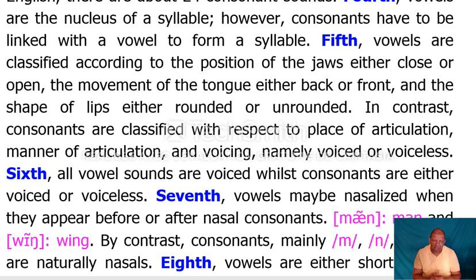Here we have two examples, man. The vowel here is in a medial position and it becomes nasalized because it appears after a nasal sound, the first sound, and before the second sound, which is itself nasal. Another example is wing. The vowel becomes nasalized under the influence of the nasal sound that comes after it.